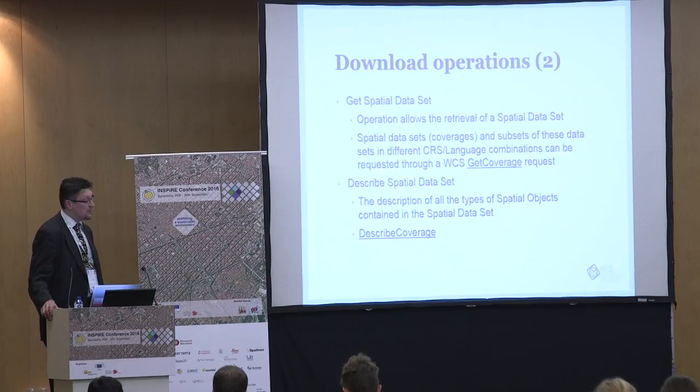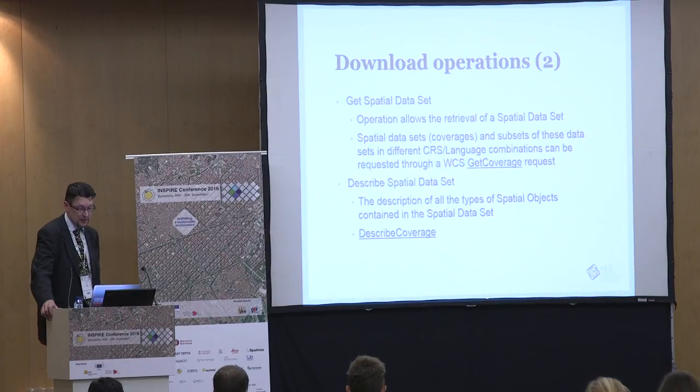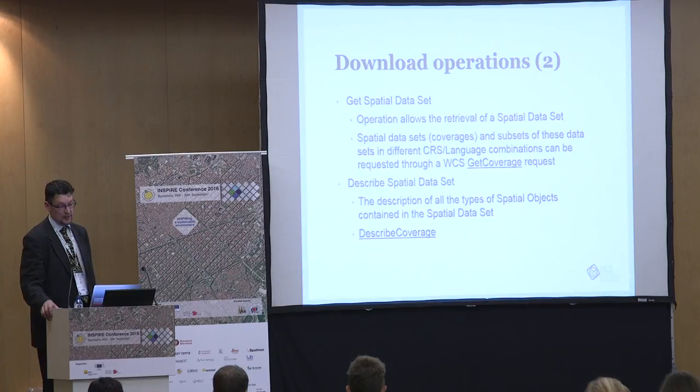Then we have Get Spatial Dataset, to get the actual content, and it's the GetCoverage request that can be used for this purpose, and you can get information in different coordinate systems, languages, etc. So different parameters as well. Describe Spatial Dataset: DescribeCoverage is the one to be used in this case, and also quite easy to map and use.